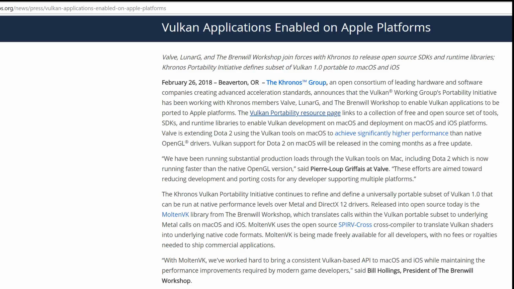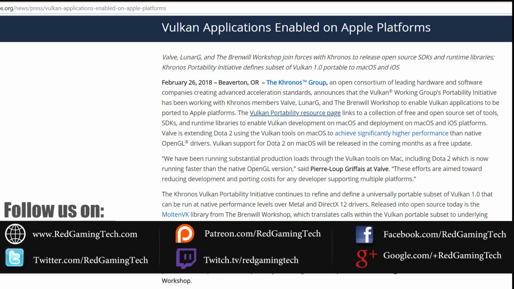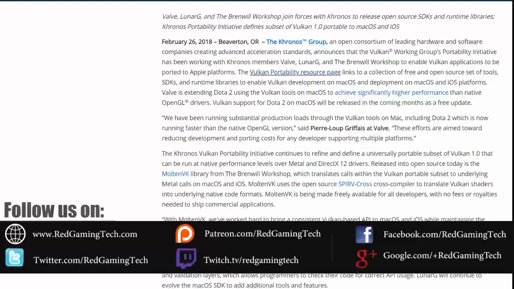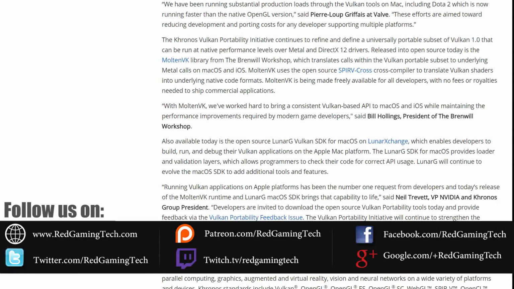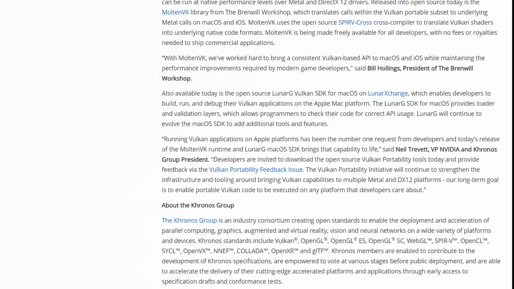And there was a quote from Valve that we've been running substantial production loads through Vulkan tools on Mac, including Dota 2, and I believe it was about 50% improvement in speed. So would you like to tell us how all of that came to be, what the reception has been in the industry, and how you feel that this is going to help the ecosystem in gaming, as well as obviously improving the popularity of Vulkan?